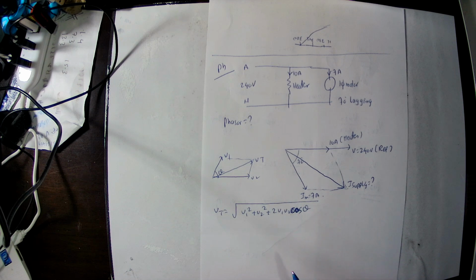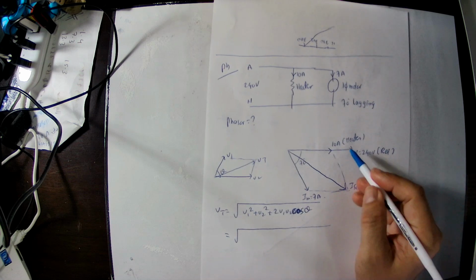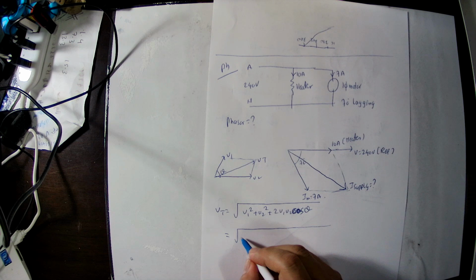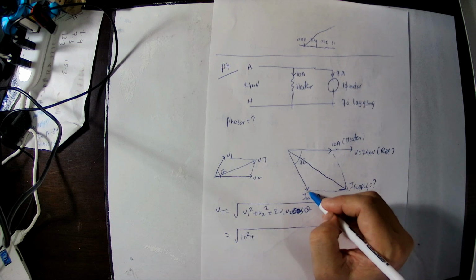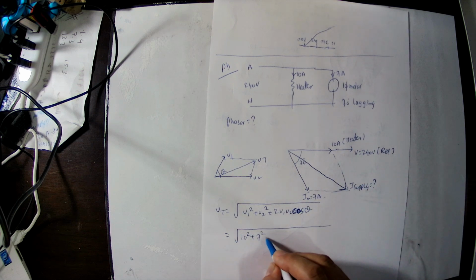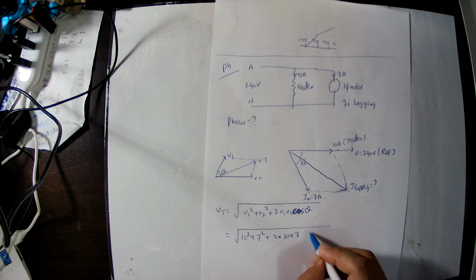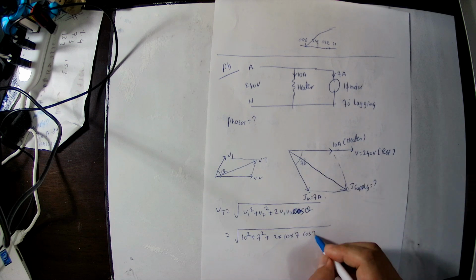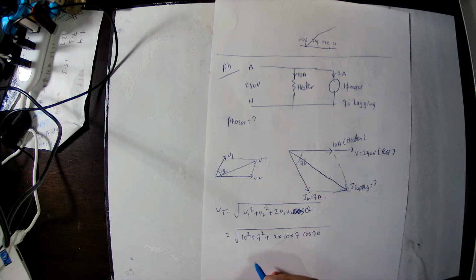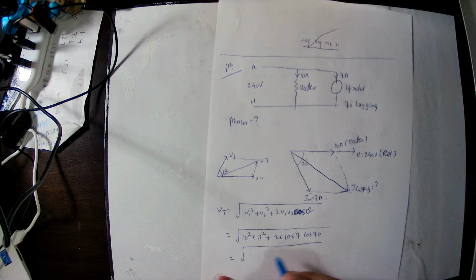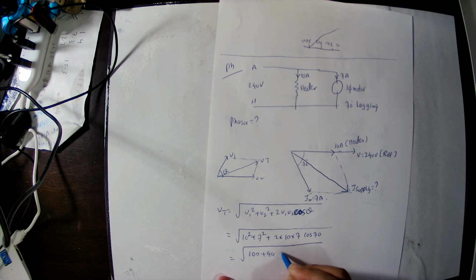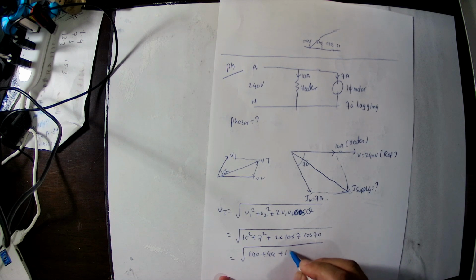And therefore, here you can see I1 is 10 ampere, 10 square. This is I2, 7 square. 2 into I1 I2 is 10 multiplied by 7, and the angle is 70 degree cos. So this is the way we use the cosine rule, so that we solved this problem. So there will be 100 plus 49 plus 140 cos 70 degree.